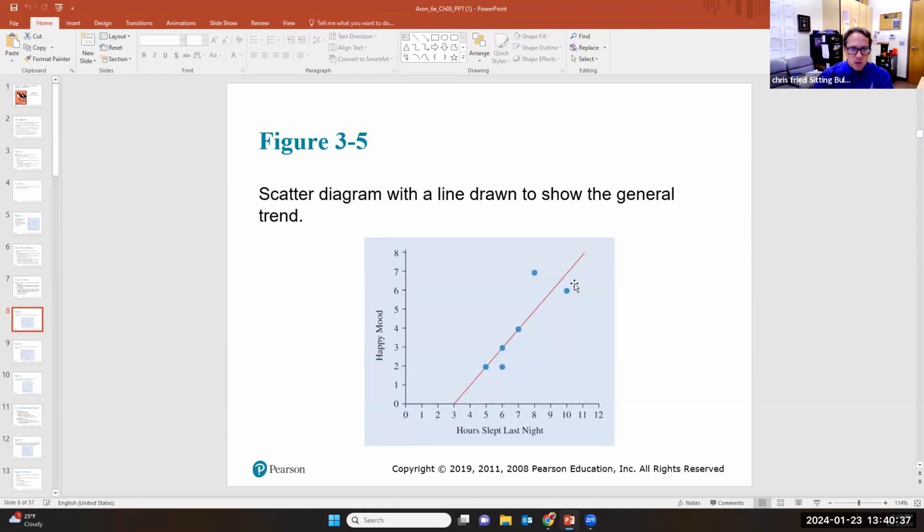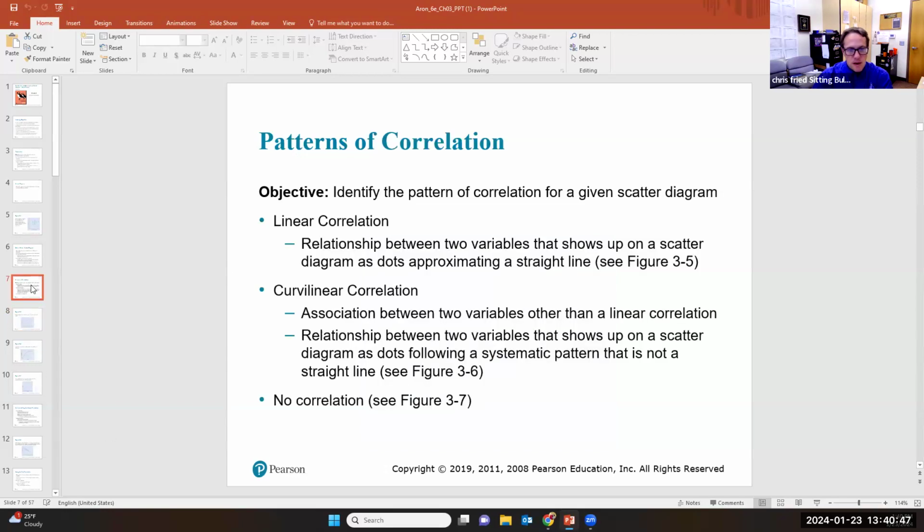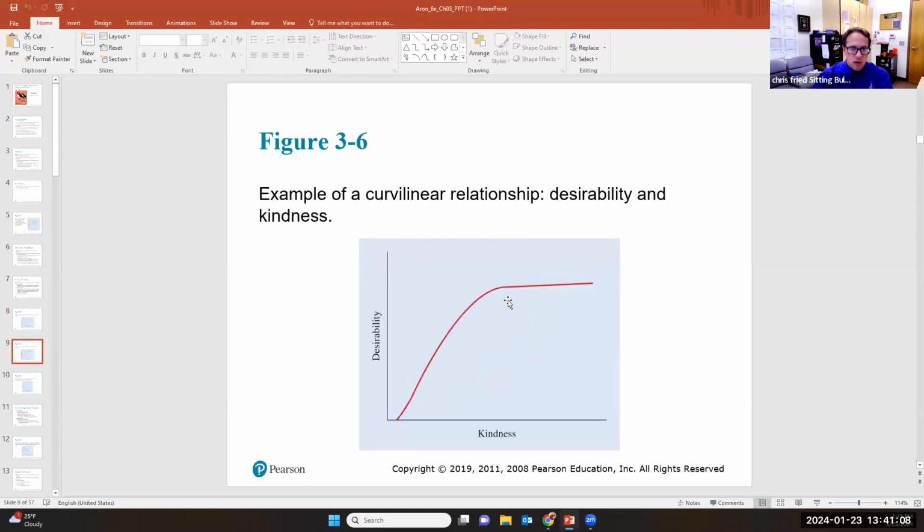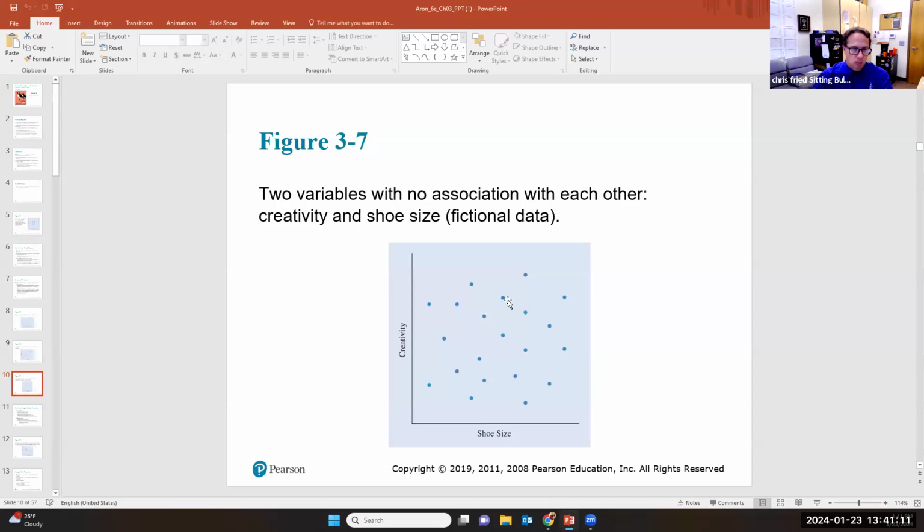Even though they're not all in a straight line, they're somewhat along that axis. And then there can be no correlation, where there is no specific pattern. Here, if the dots are all over the place, there's no way we can make a connection between any of this data. So: linear, curvilinear, no correlation.